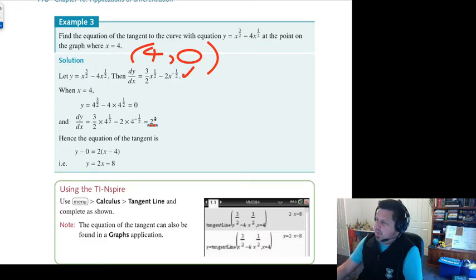So again, write out the rule, and we've got the gradient in front of the brackets here. This here is the y1 value, which we calculated here, and this here is the x1 value. Simplify things down, you get that the equation of the tangent is y is equal to 2x take away 8.